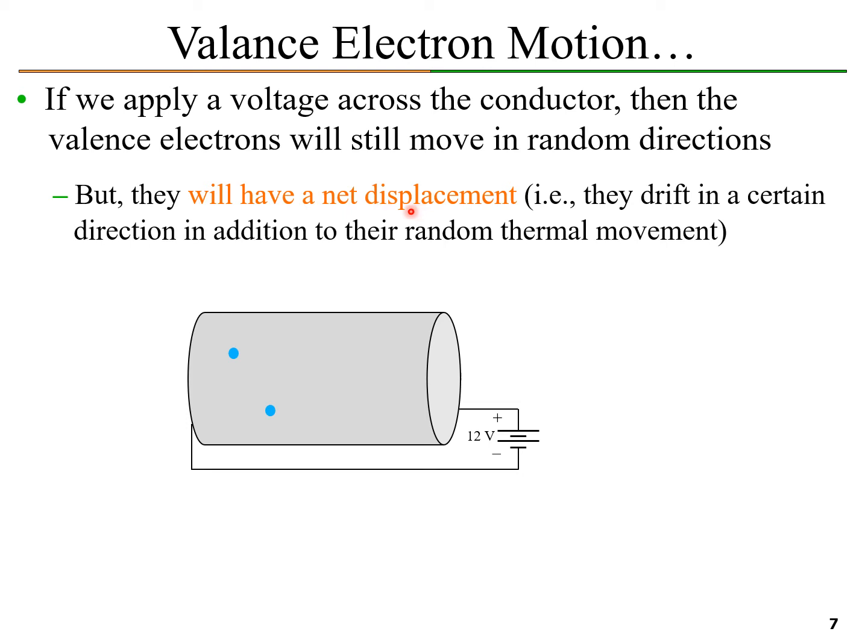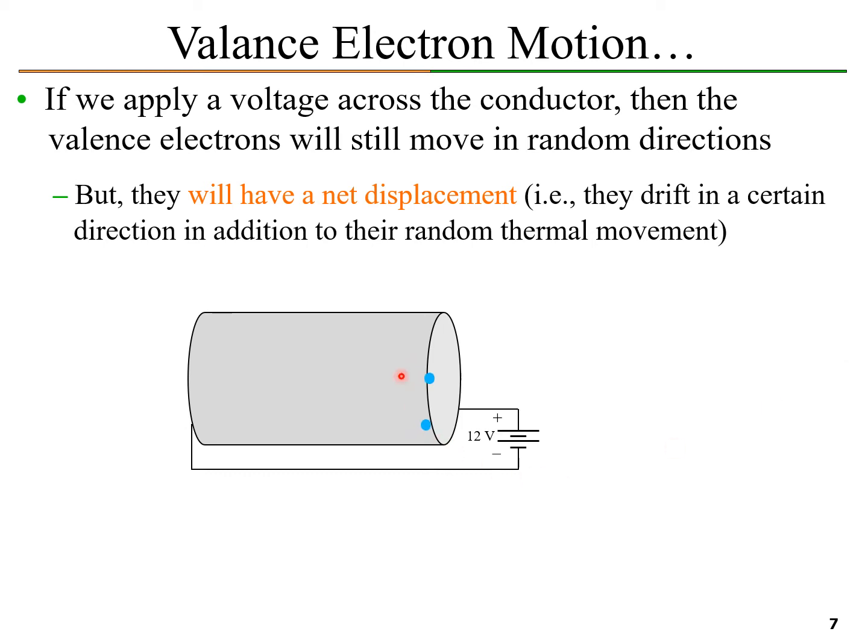That is, they will drift in a certain direction in addition to their random thermal movement. So here we see these 2 electrons moving in arbitrary directions, but on average they're moving to the right. They're moving wiggly, but they're moving to the right.